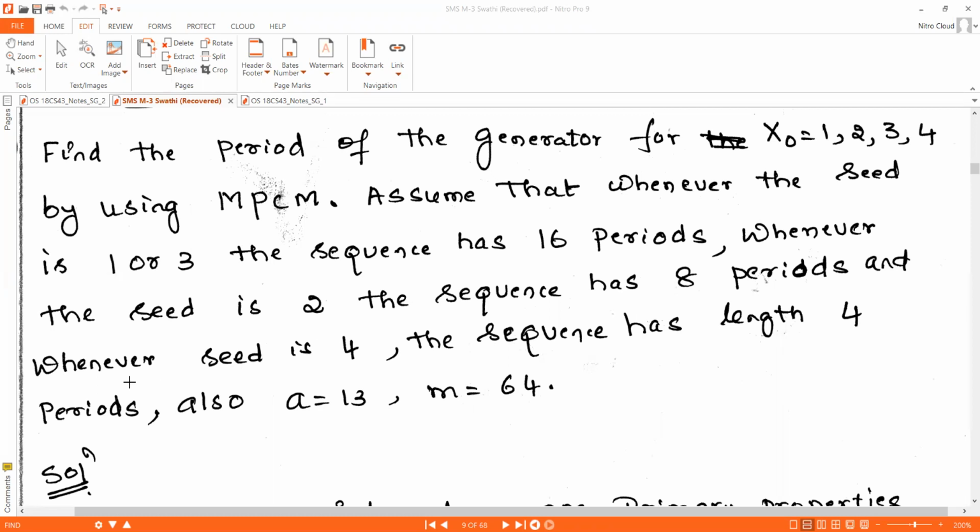Okay, and whenever the seed is 4, the sequence should have a length of 4. Okay, we need to generate the sequence of random numbers till 4 here. Here they have given the condition for generating the random numbers, assuming x naught equal to 1, x naught equal to 2, x naught equal to 3 and x naught equal to 4.